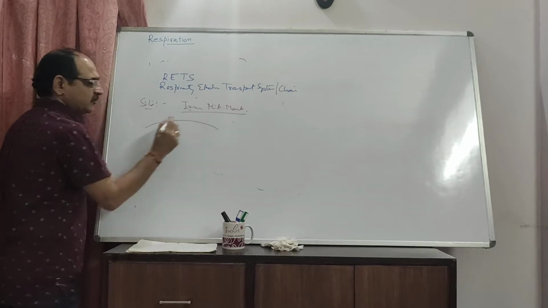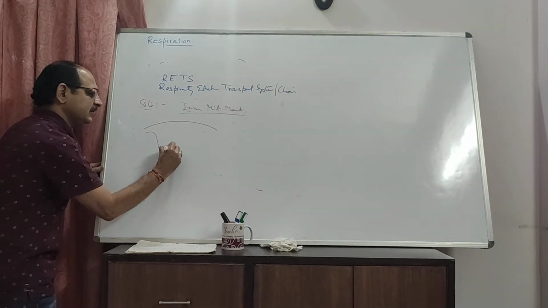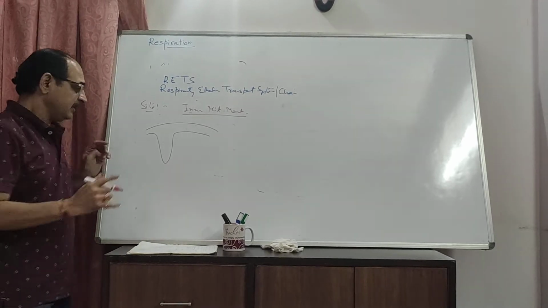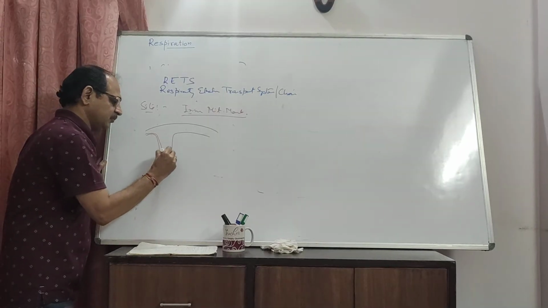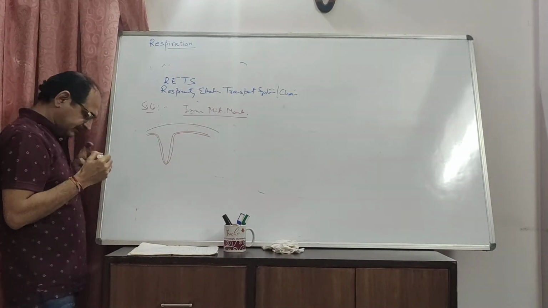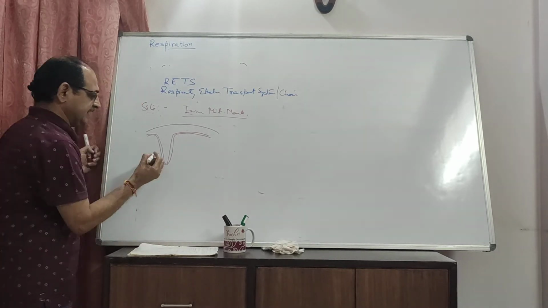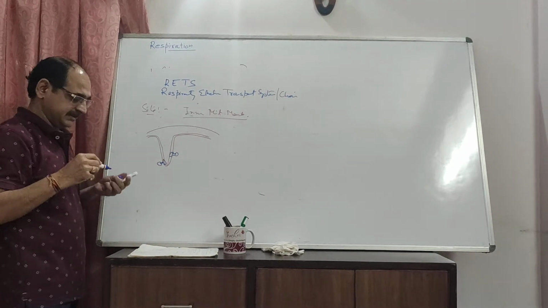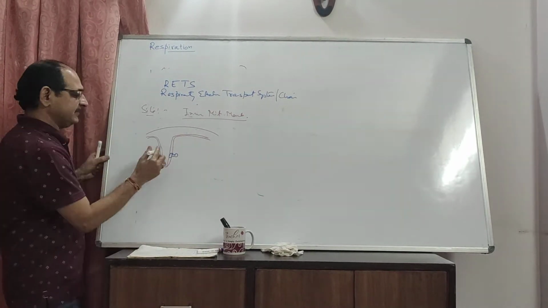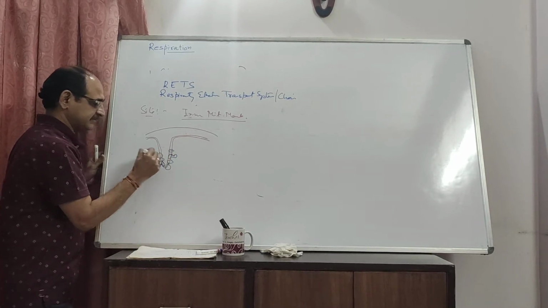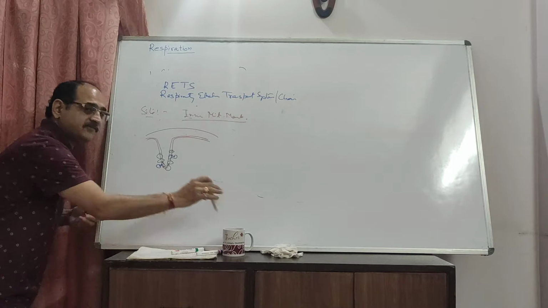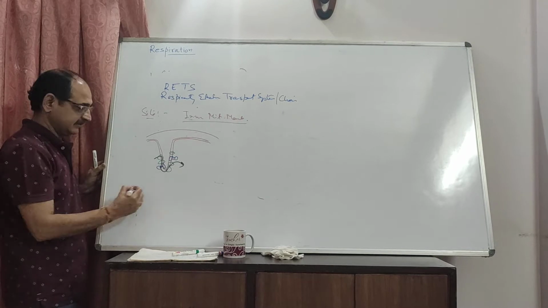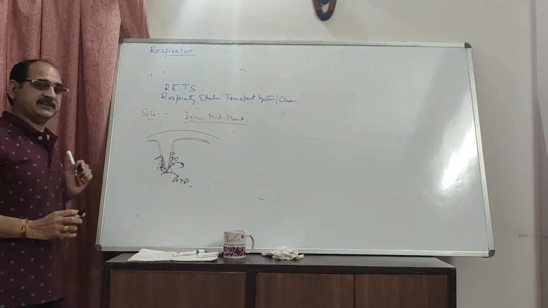For example, this is the mitochondrial outer membrane, this is the inner membrane, and inner membrane is always in the form of certain invaginations called cristae. So this inner membrane, as you know well, consists of certain small particle-like structures called the F1 particles. Besides these F1 particles, there are certain enzyme complexes found in this. And when electrons move across these complexes, ATP gets generated.